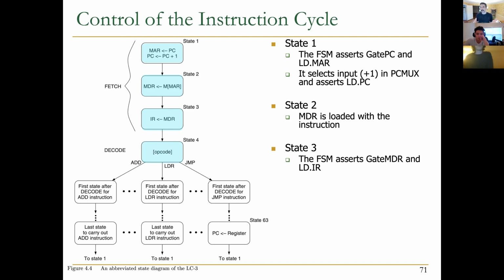If this is LDR, down there, and if it is jump, at the right state. So depending on what instruction is loaded to the IR and what is in the opcode of the IR, the state transition would be different.